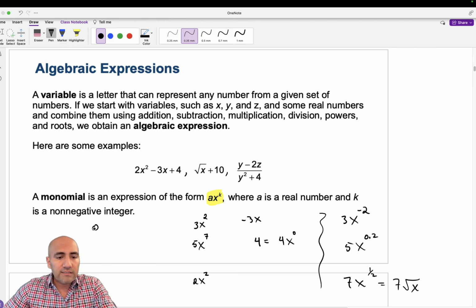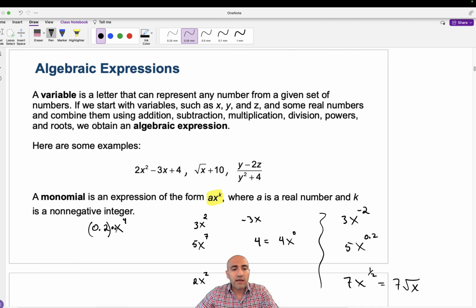So if we had 0.2x to the power of 4, that would be okay. You're allowed to have a decimal times x to the power of 4. So the a is allowed to be a decimal. It's just that the k has to be a 0 or a 1 or a 2 or a 3 or a 4, a counting number.